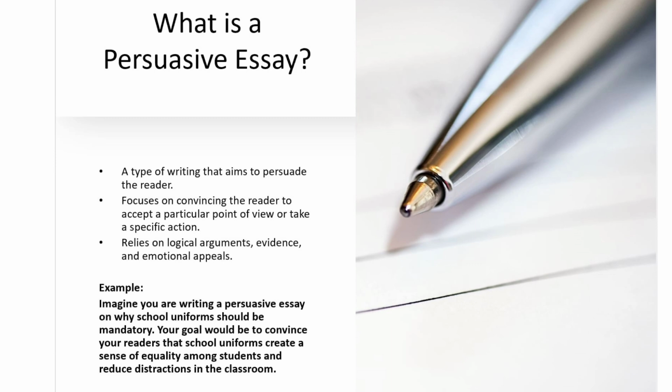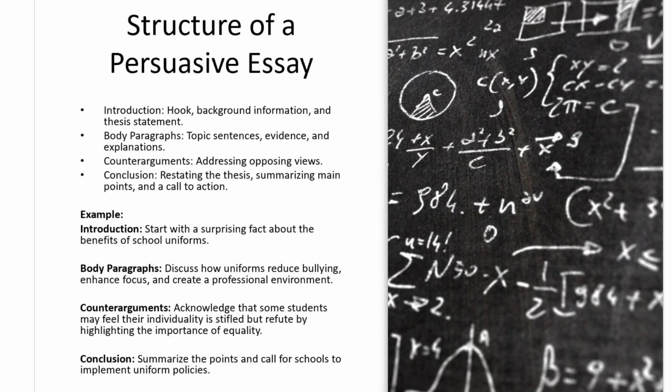For example, imagine you are writing a persuasive essay on why school uniforms should be mandatory. Your goal would be to convince your readers that school uniforms create a sense of equality among students and reduce distractions in the classroom.